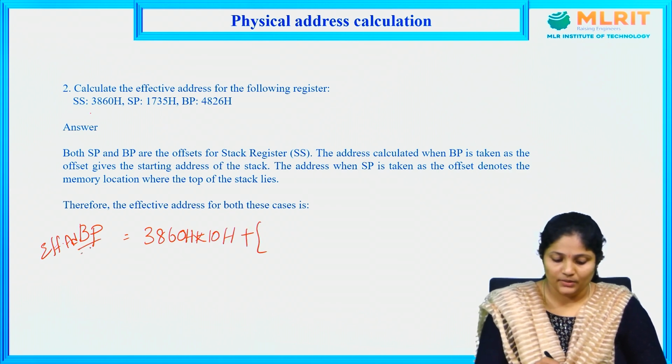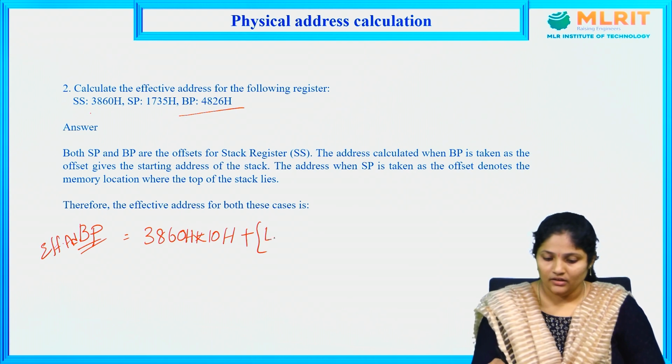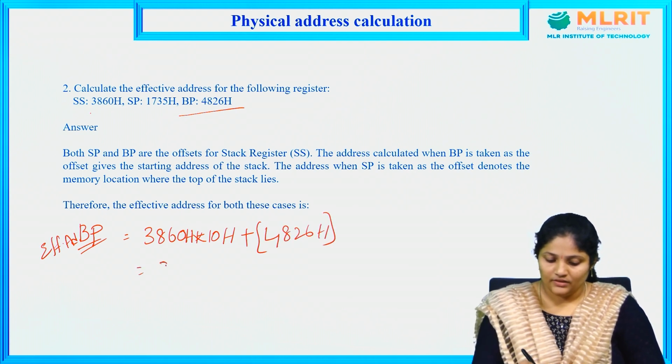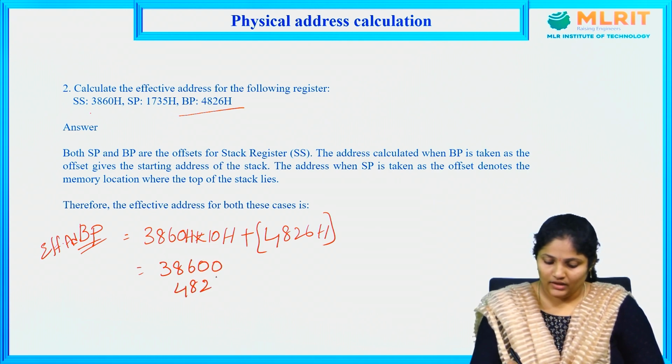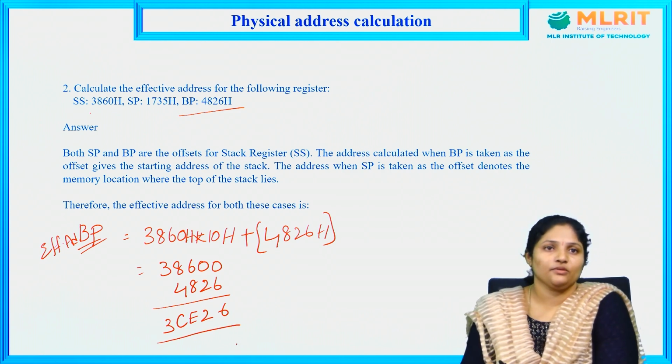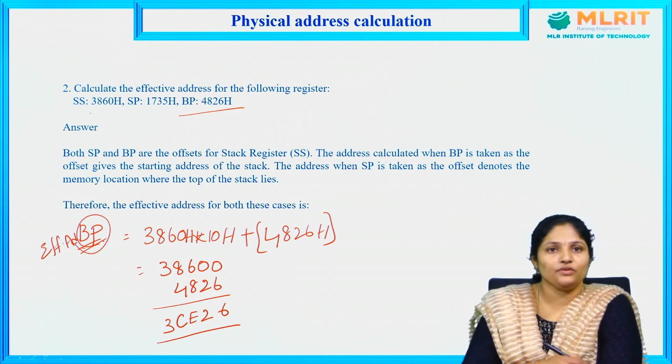Here we are using BP, so you need to consider 4826H, which is nothing but 38600 plus 4826, which is 6, 2, and here 14, which is E, 12, which is C, and 3. This is the effective address calculated using BP.